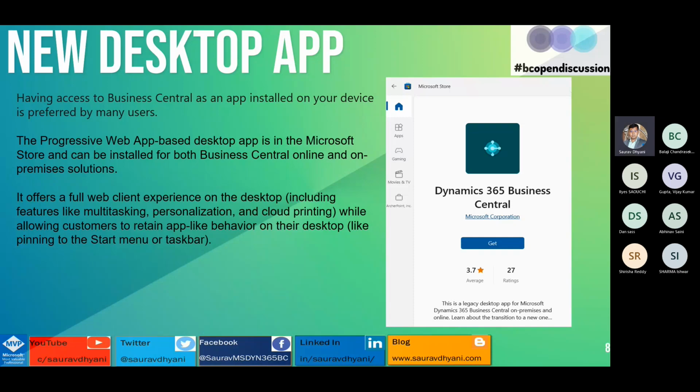It gives you the full web client experience. People who like to use the app rather than using the browser, they can use it. As of now, it does have all the features, but there are some which are not available at this moment, if I read the comments correctly. But most of the features are available on the app.